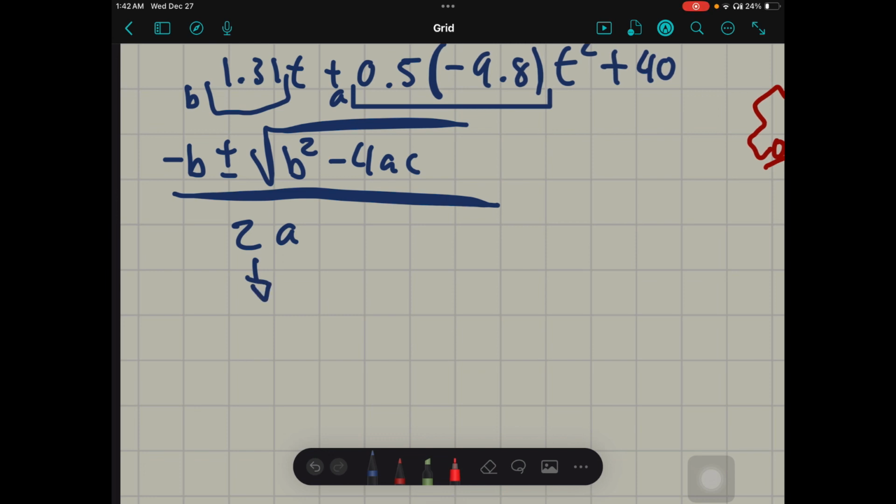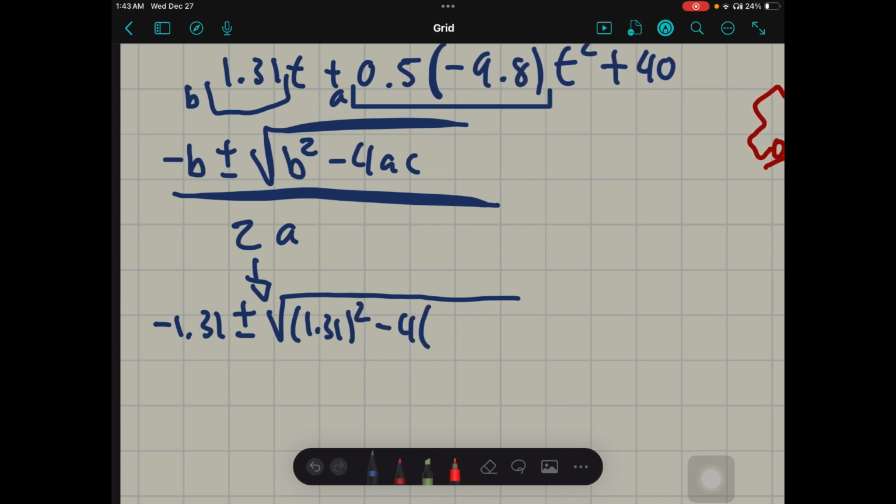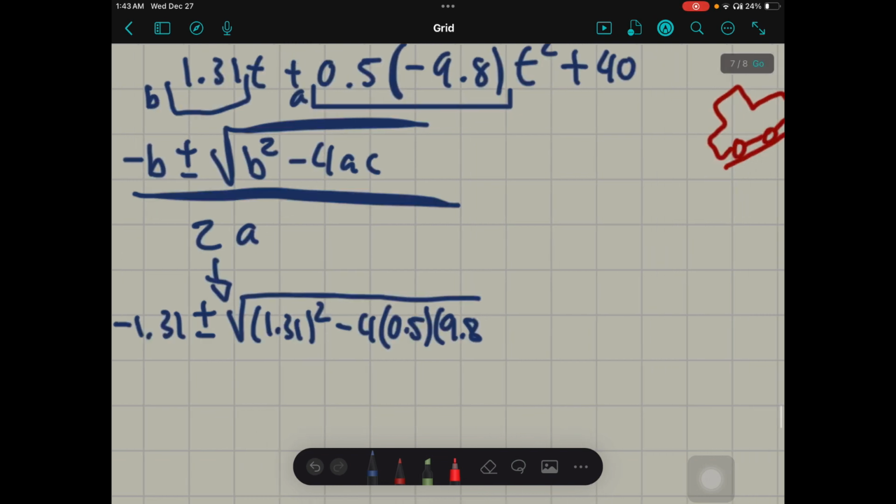So we have our negative 1.31 plus or minus the square root of 1.31 squared minus 4 times our 0.5 times our 9.8. This is going to be a negative.